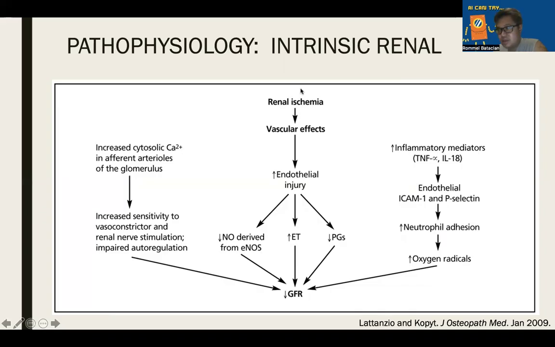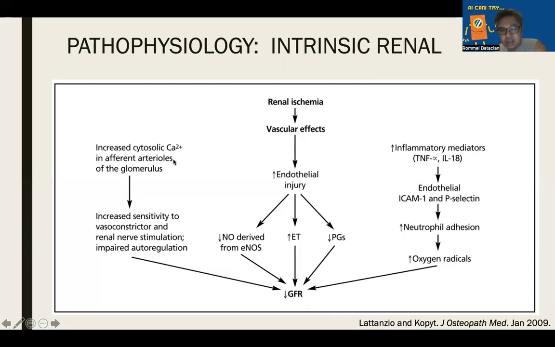So while there could be adequate blood flow to the kidneys, the distribution of the blood flow to the kidneys is ineffective, which leads to ischemia. And it has certain vascular effects that lead to increased endothelial injury. So there is an increase of these cytokines leading to a decline in the glomerular filtration rate.